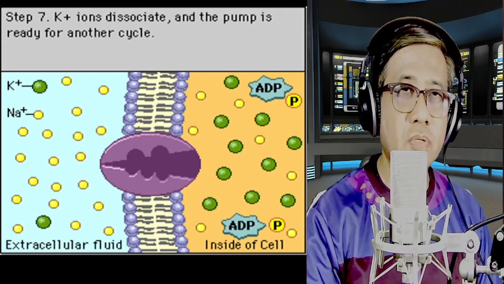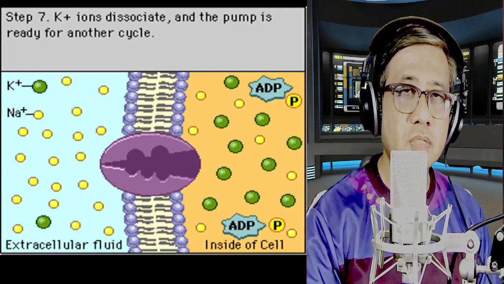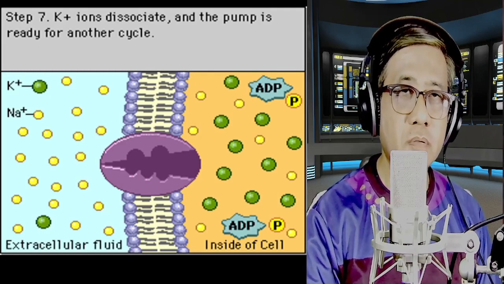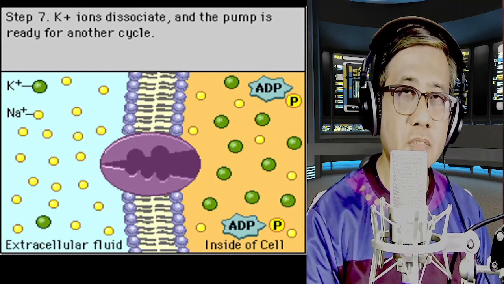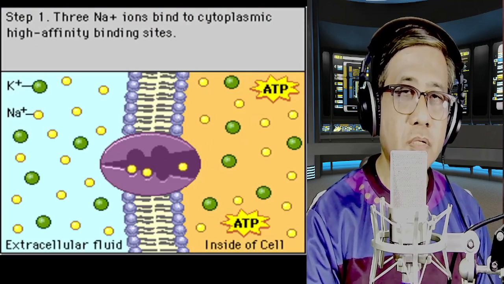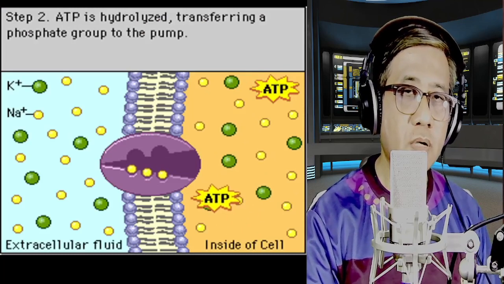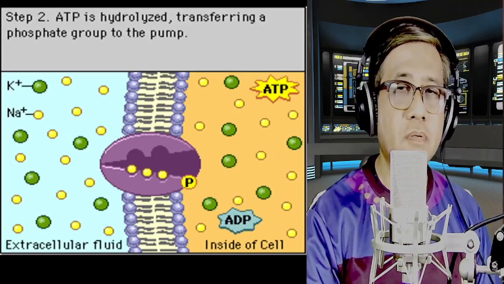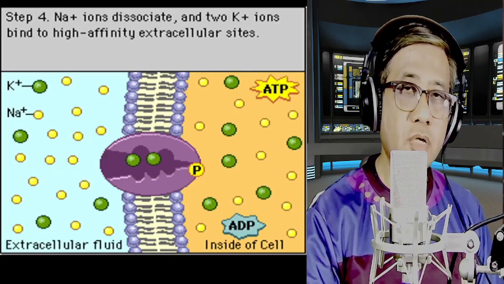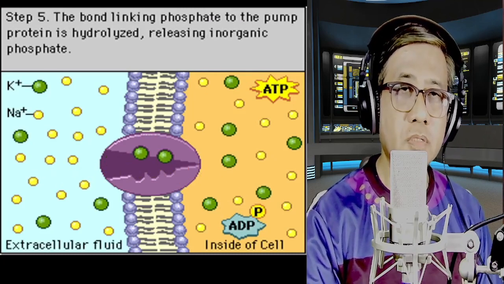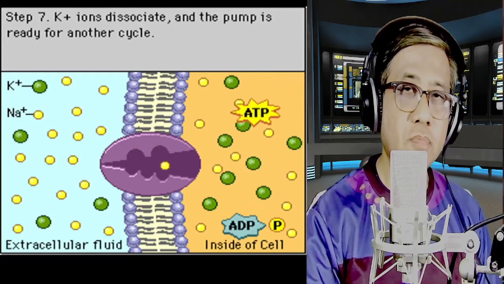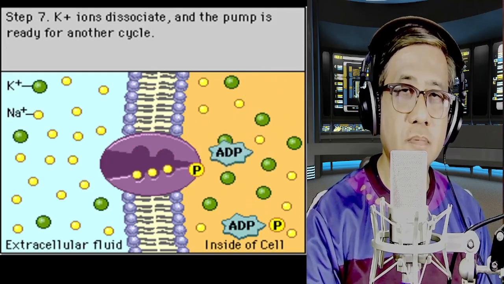As you can see in this animation, 3 sodium ions are being pumped outside the cell and 2 potassium ions in. Energy is required to change the shape of the transport protein so that 3 sodium ions exit and 2 potassium ions enter the cell.